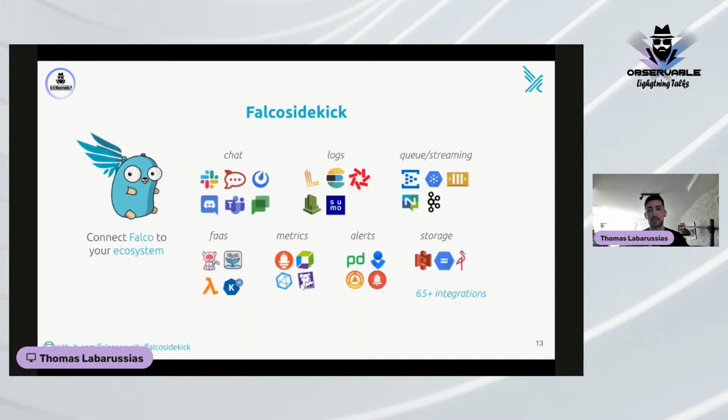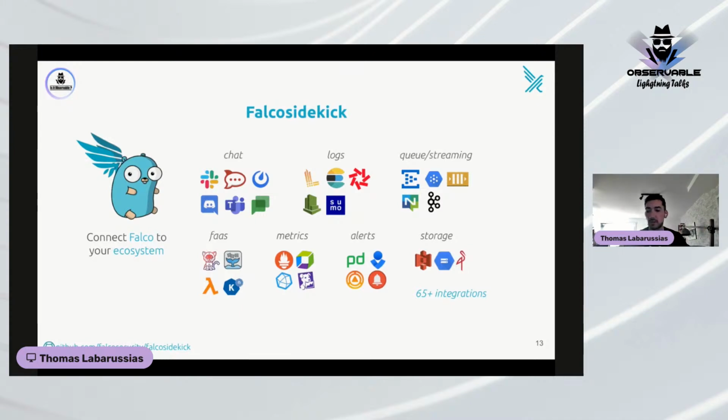Falco Sidekick is basically a proxy forwarder between Falco and your ecosystem. It allows you to collect the events from Falco and forward them to a chat system like Slack, Discord, Teams, or else. If you are using a SIEM like Elasticsearch, you can use it. Of course, we have Loki, Quickwit, SumoLogic.